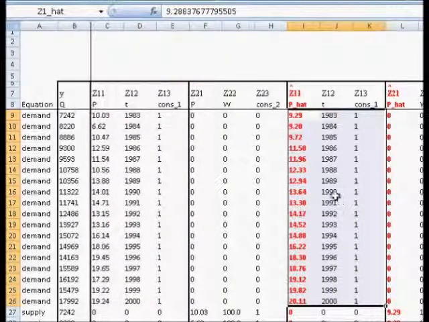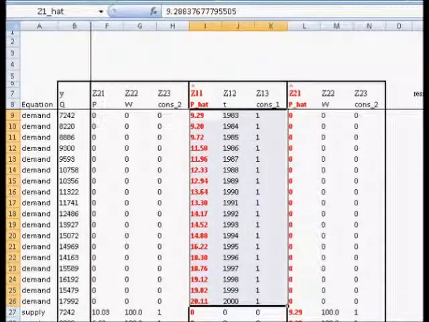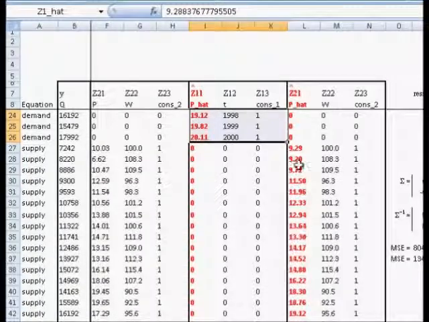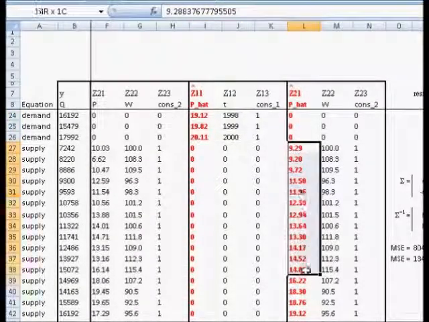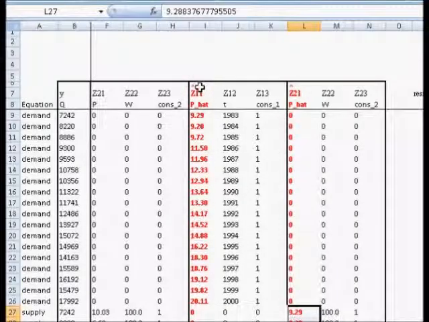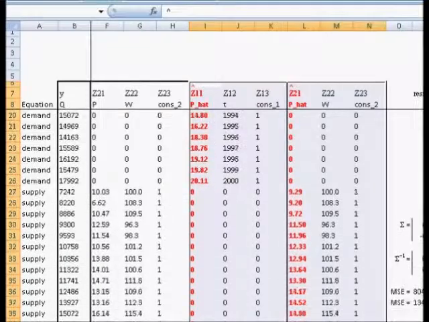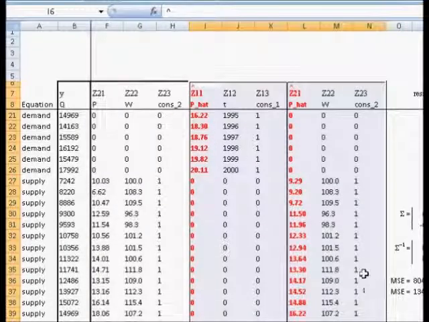The other parts of this block matrix are the same. That's the same thing that we do in the second part of the block matrix. We simply replace P with P hat. Now we're calling this block matrix Z hat because it includes the instrumental variables P hat, T, and W.